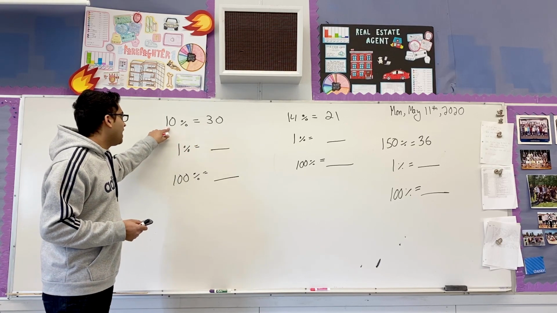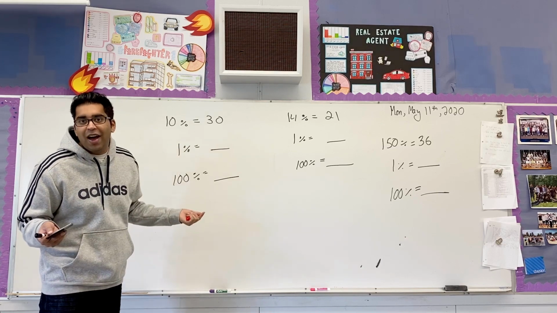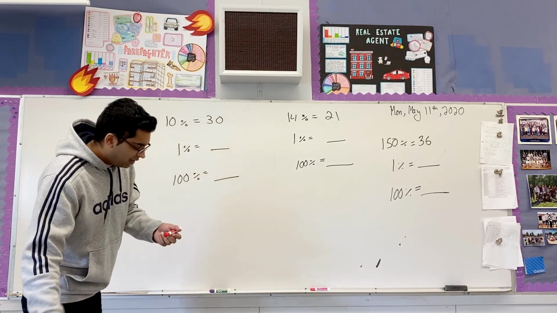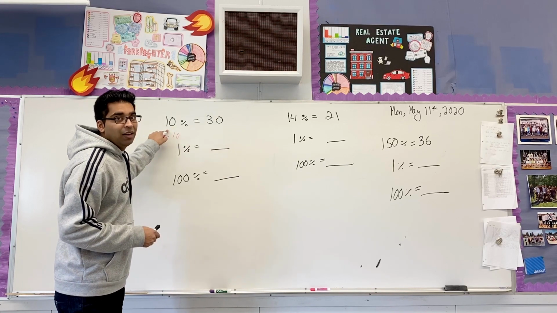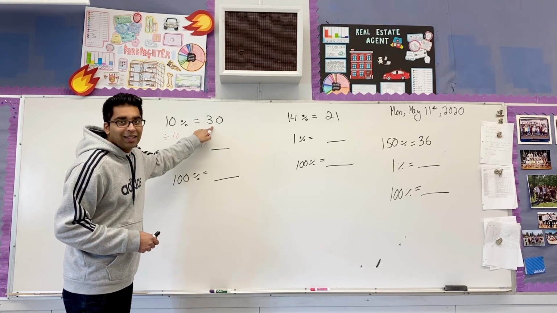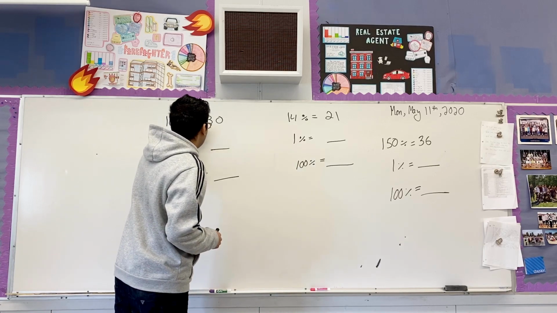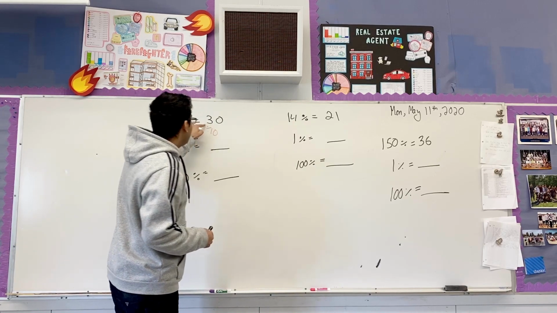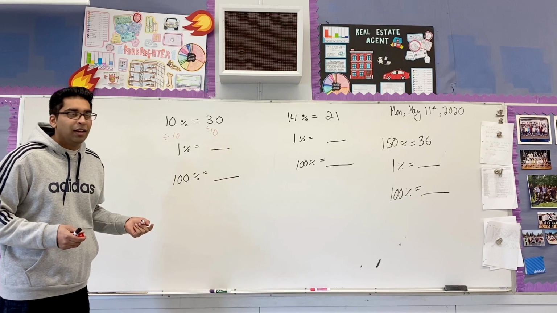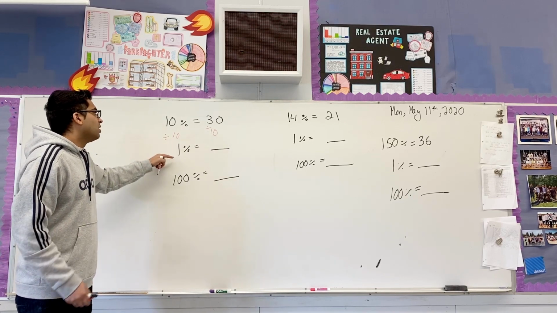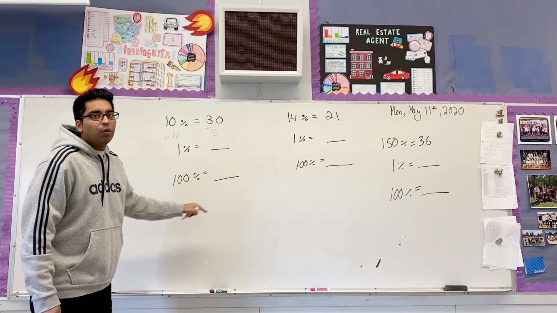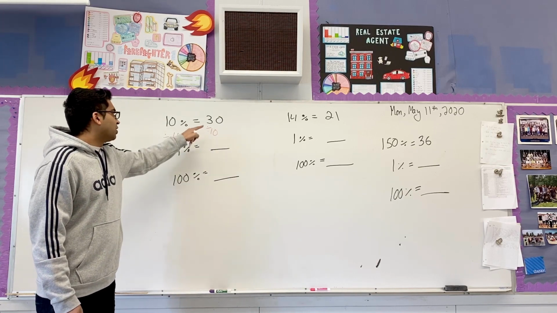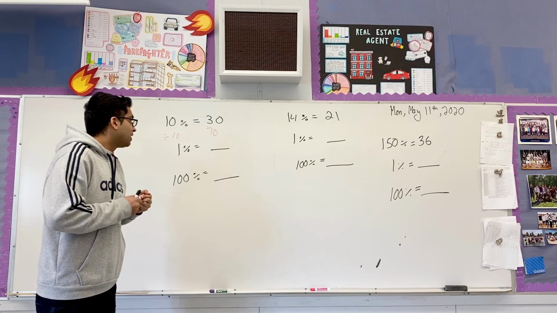We got from 10 down to 1 by dividing by 10, so we also divide 30 by 10. 30 divided by 10 is 3. So 1% is 3.